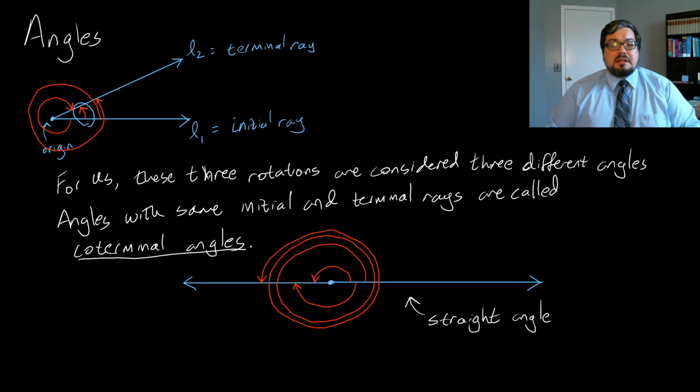Now, we could consider angles just sitting out in space, as we do a lot, but in order to use algebra to our advantage and solve numerical problems about trigonometry, we're going to need to standardize things. And the way that we're going to do that is we're going to think of angles as sitting in normal Cartesian space, that is the xy plane.